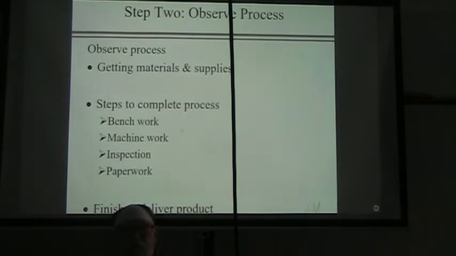The bench work that has to be done, the machine work that has to be done, does it need an inspection where we actually have to take it to an inspector? The paperwork that has to be completed is also part of the process. All the way from getting the materials and supplies to finishing and delivering the product, we want to observe.